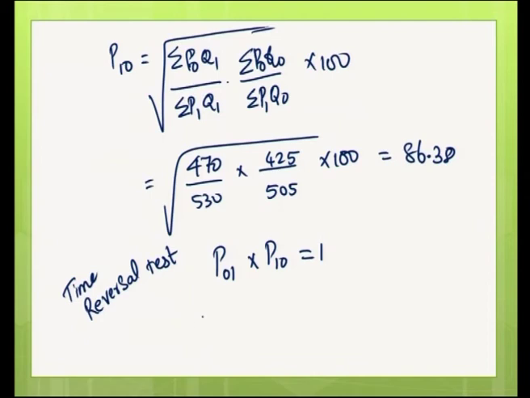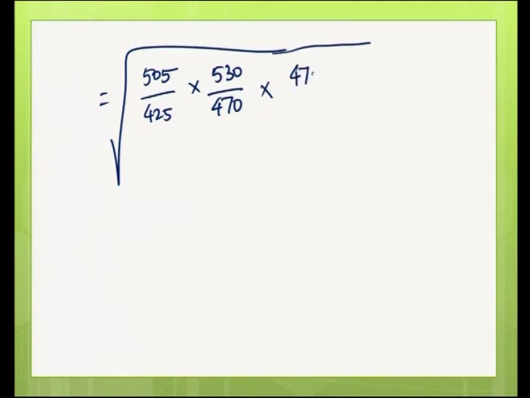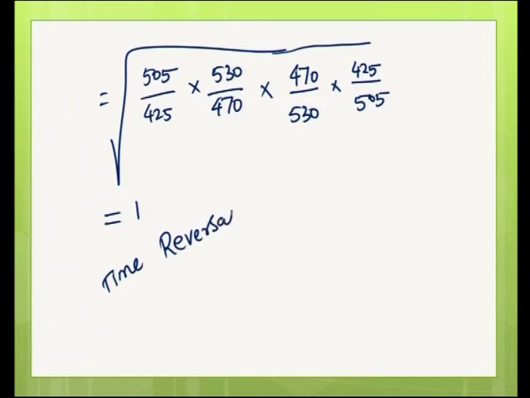We substitute the values: root of 505 by 425 into 530 by 470, into 470 by 530 into 425 by 505, with the factor of 100 taken into account. The answer is equal to 1. Therefore, the time reversal test is satisfied.